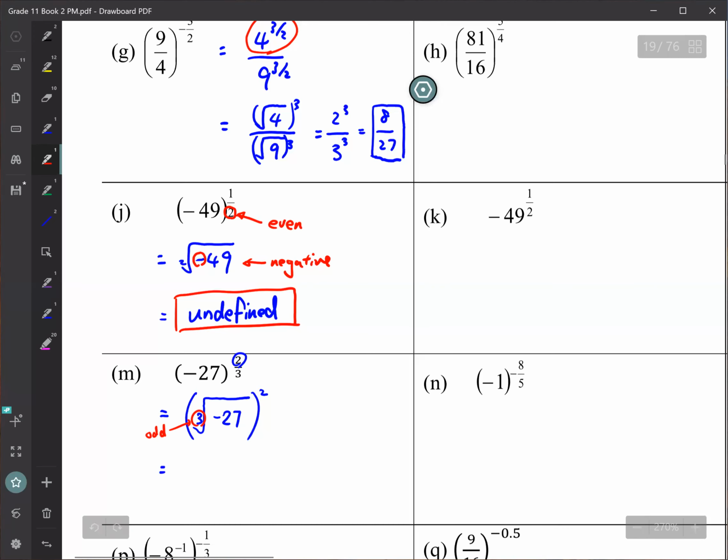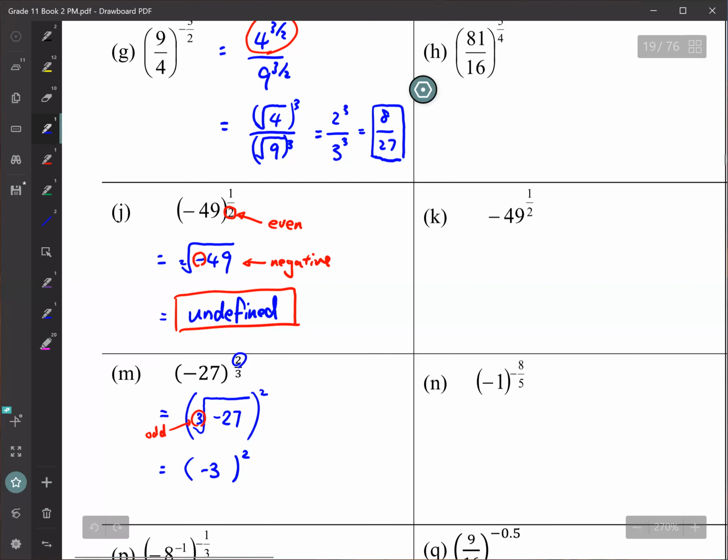It would be negative 3 to the power of 2. Why is it negative 3? When you root negative 27, negative 3 times itself 3 times will be negative 27, right?